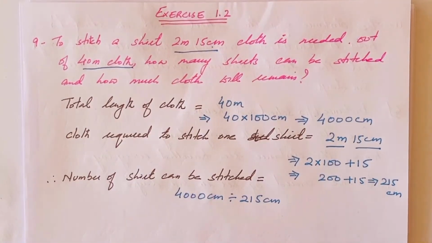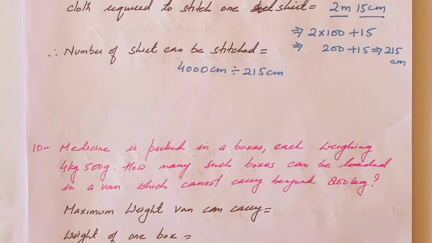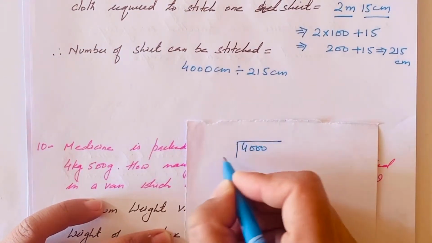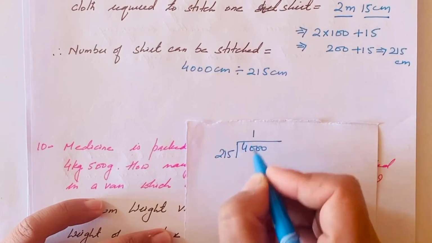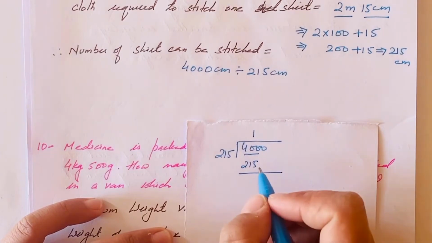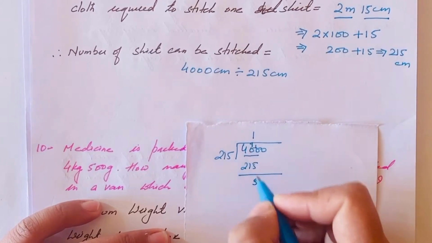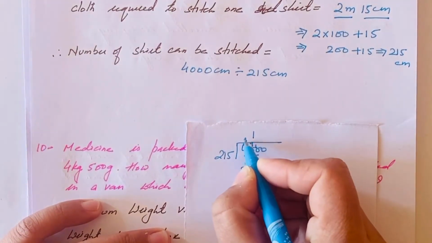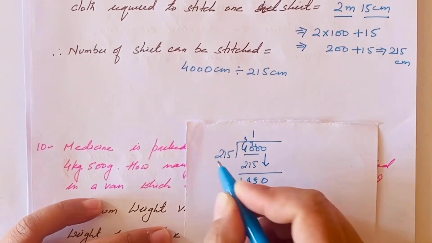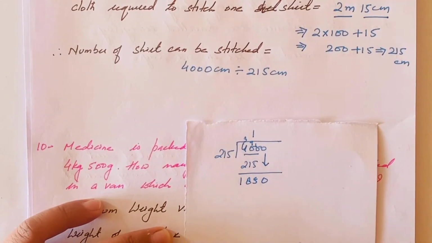We have to divide these two to find the number of shirts. So, 4000 divided by 215. 215 times 1 is 215. Subtracting, 9 minus 1 is 8, 3 minus 2 is 1, 185, and you drop the 0. Here 1850 should be divided by 215.